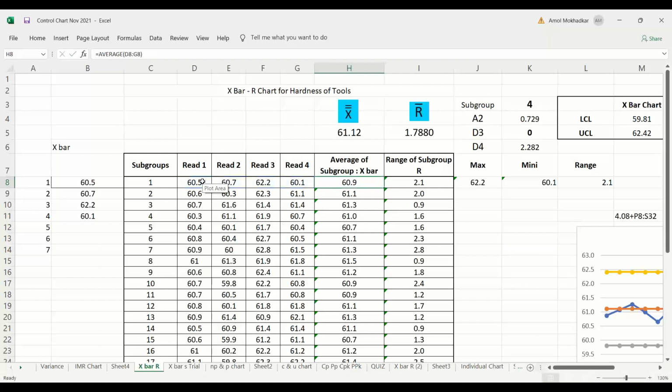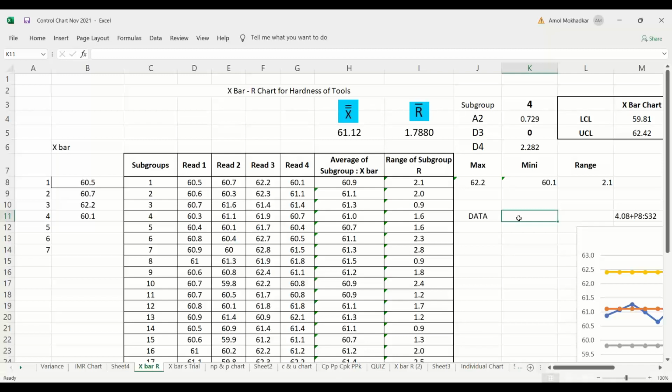Now to make a graph, what is required? You require the data. But this is not what you are going to plot. What are you going to plot on the X bar R chart? In the X bar R chart, are you going to plot individual data?